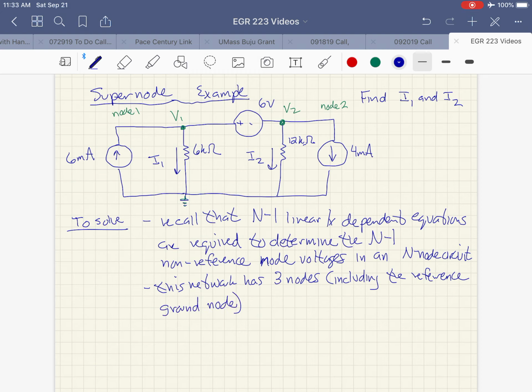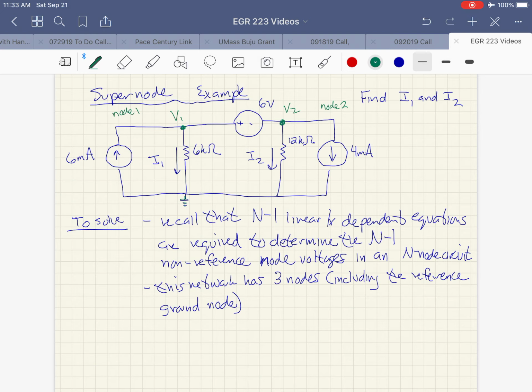All that means is when we're calculating or measuring voltage, we're measuring it with reference to 0 volts or ground. So the objective here is to find V1 and find V2.